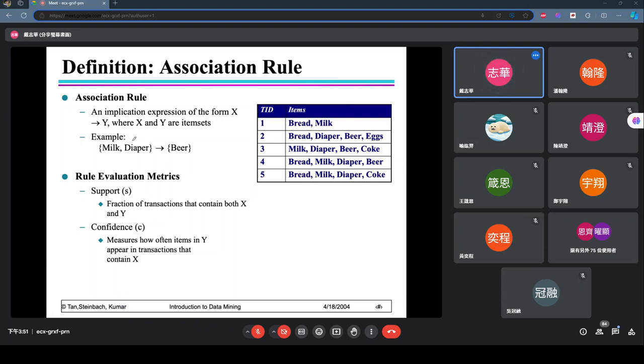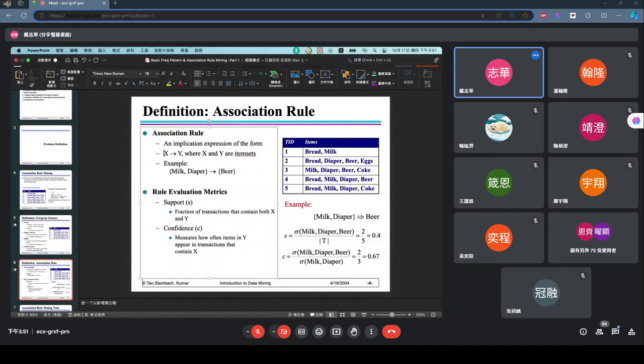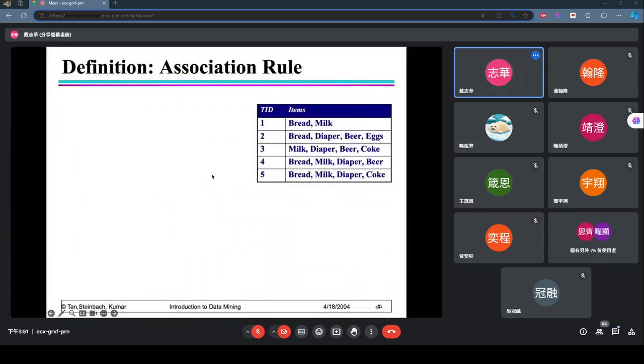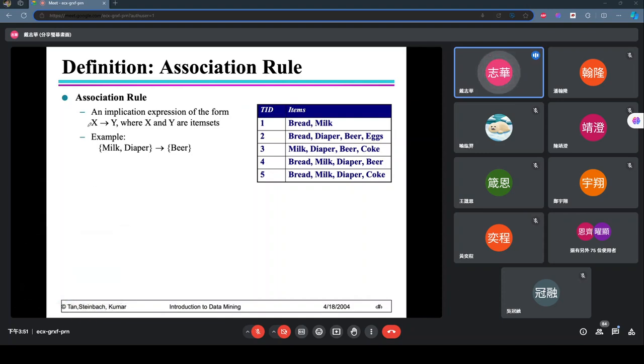Here I want to emphasize that it's X and Y, and in the rule, what do you mean? Again, let's explain this rule.